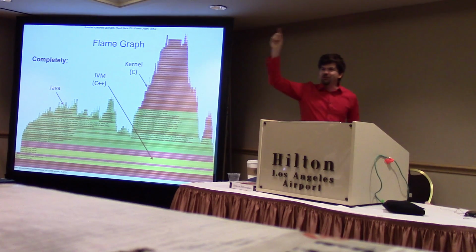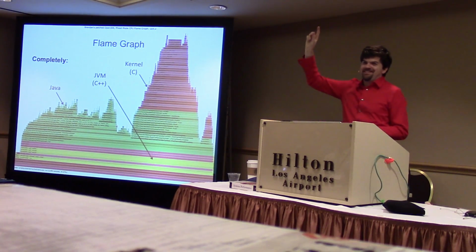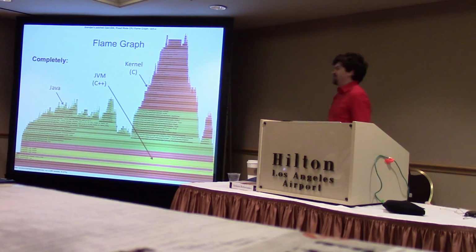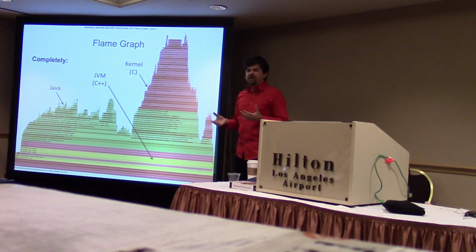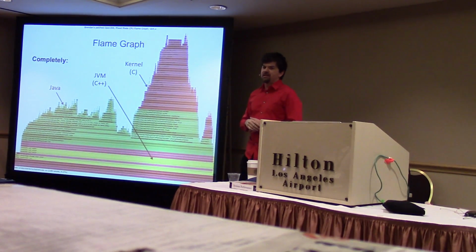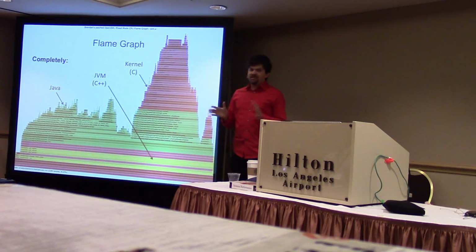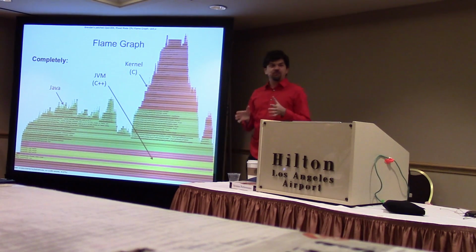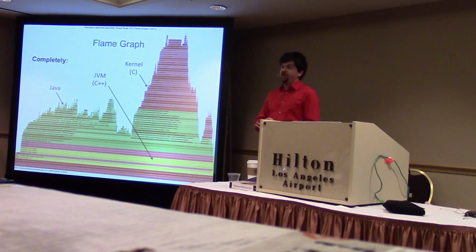So has anyone used or seen flame graphs before? Yes, we have probably more than half the room, which is really good. Flame graphs are a fairly simple visualization for stack profiles of data. What's really special about using Linux perf events to do profiling is we don't just see inside the JVM, which is what basically all of the other Java profilers do. We get to see everything.